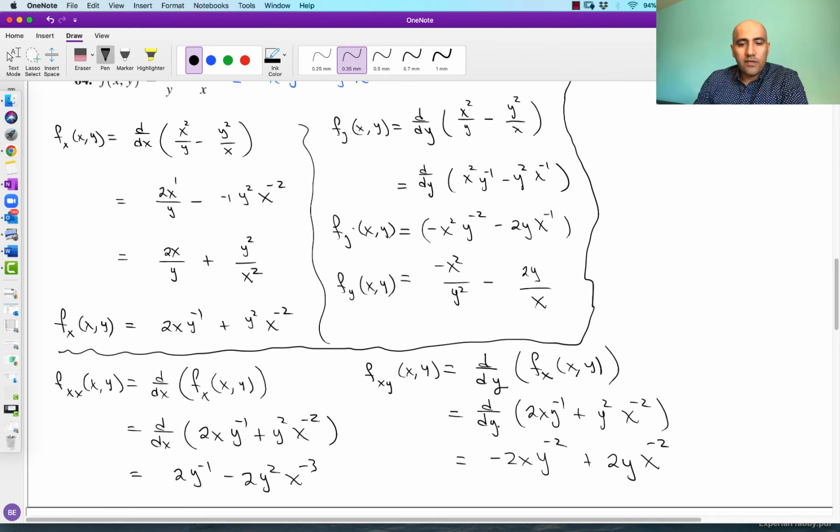So just focusing on the variable y, we use our power rule. Bring down minus 1 gives you negative 2. X is just some constant. Times y to the minus 2. Plus, bring down the exponent in front as a factor. We get a 2 to the power of 1. And then this comes along for the ride. It's just some constant. So we found this guy.